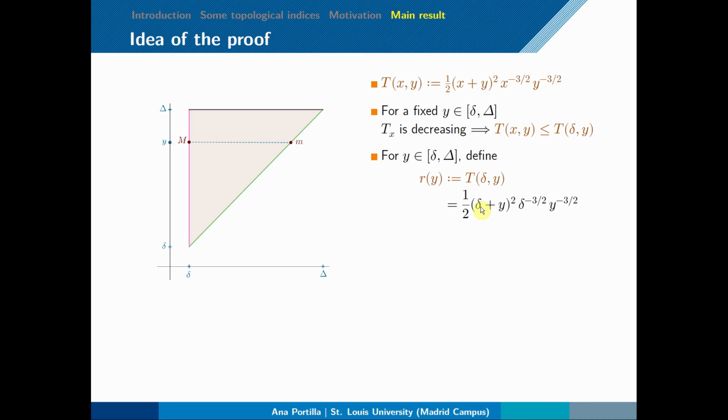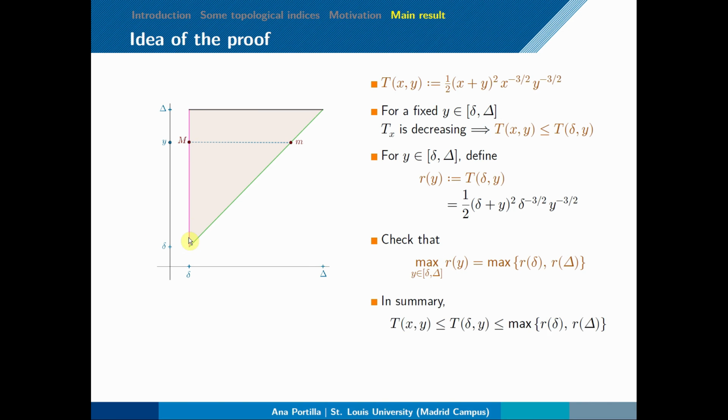Recall, the only thing that I'm doing is replacing x by the fixed and constant value delta. Well, for this function that we've just defined, it's easy to check, well, it's not that easy, it's technical, to check that the maximum value of this function is attained at the endpoints of the interval of definition. That's to say, the largest value along this line for this one-variable function is always attained either at this point or at that point.